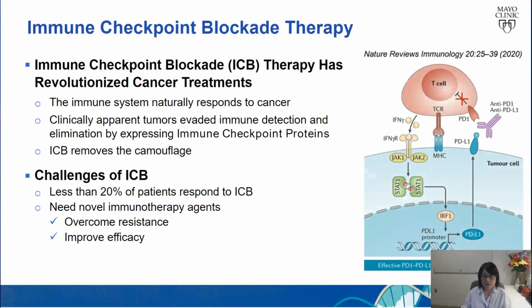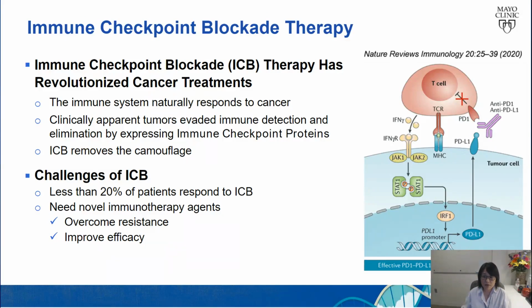Now we're ready to discuss neoantigens. In the past decade, immune checkpoint blockade therapy has revolutionized cancer treatments. The immune system naturally recognizes and responds to cancer. However, tumors evade the immune system, as shown in the figure to the right, by expressing cell surface immune checkpoint proteins such as PD-L1 and marking themselves as normal.